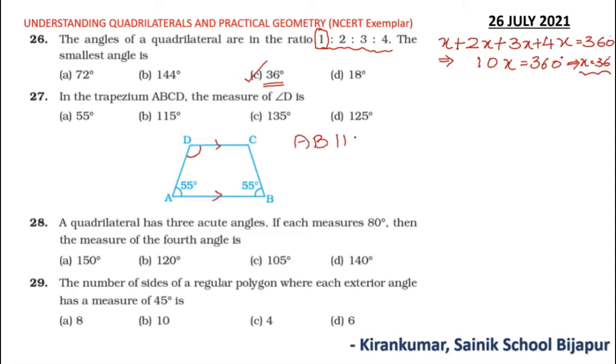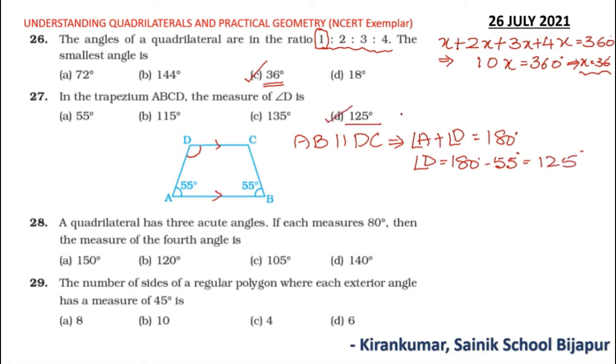AB is parallel to DC. So we have angle D plus angle A is 180 degree. Now angle A is given as 55, so we can find angle D as 180 degree minus 55 degree. This will be equal to 125 degree, and this is present in option D. So option D is the right answer.